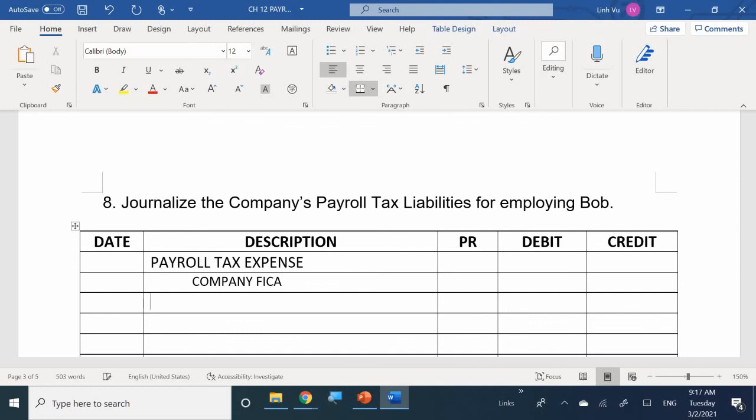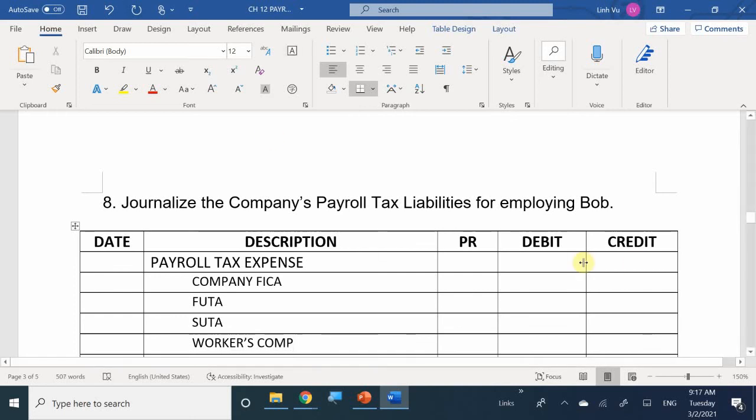What else am I going to pay? Unemployment tax, FUTA. And don't forget SUTA. In the state of Nevada it's SUI, same thing in California. They all mean the same thing. And what else? Workers' comp.